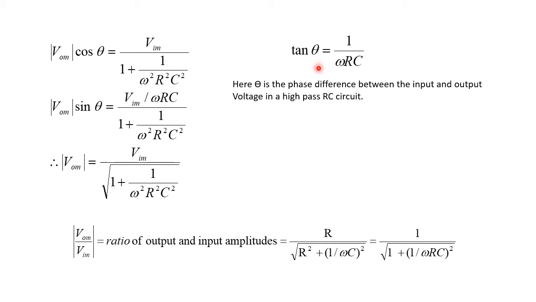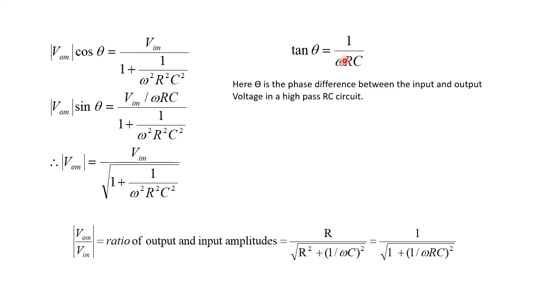So we can make out that there are two changes in the signal when it is applied to the high pass RC circuit. The first is that the amplitude of the wave is reduced by this factor, and the second is that a phase difference of theta is introduced, where theta is equal to tan inverse 1 upon omega RC. And we know that in an RC circuit, the term RC is defined as the time constant, and we normally represent it by the term tau.